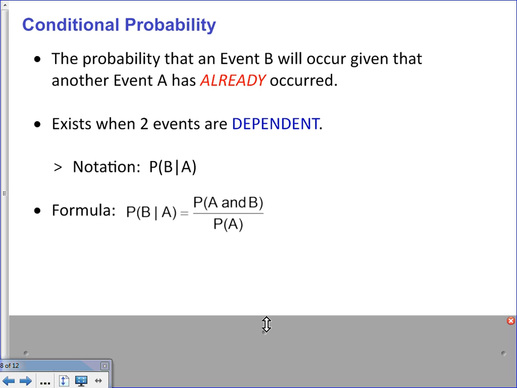It's defined as the probability event B occurs given event A has already happened. You only have conditional probabilities with dependent events.